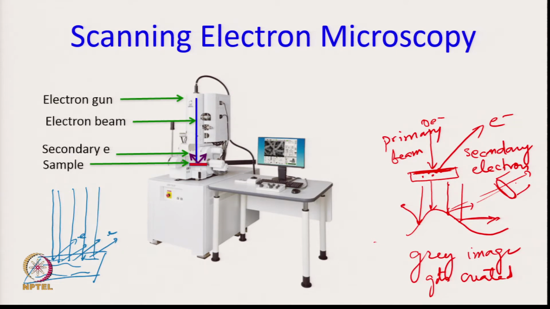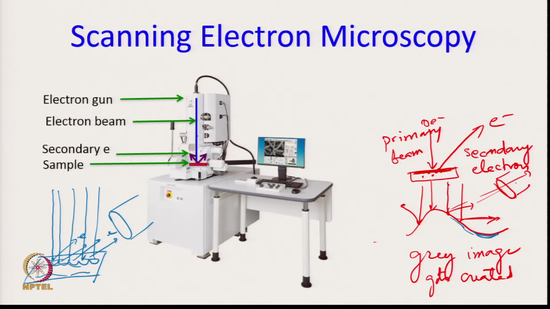So, what you do is you scan your sample with the beam from one point to another point to another point, and depending on whether it had a hill or a slope or a valley, the electrons emitted will be either more or less. By collecting them on a detector, at one point the electrons may be more, so it is a bright spot.